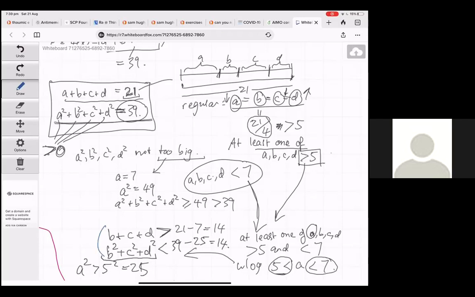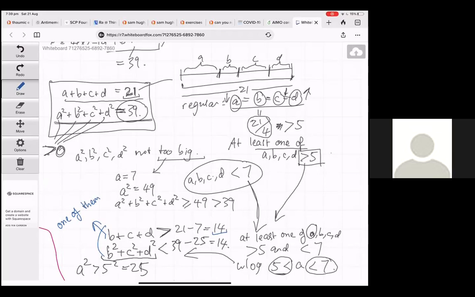But again, to make that really clear and rigorous, we can do this thing again where at least one of them has to be big enough.